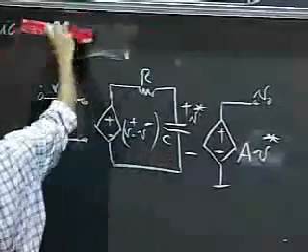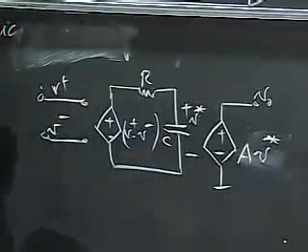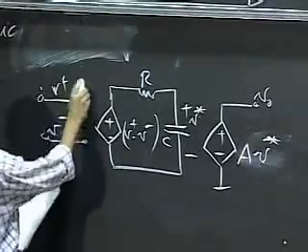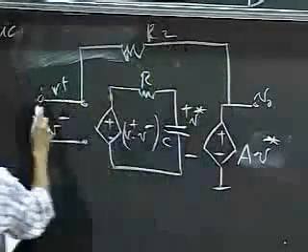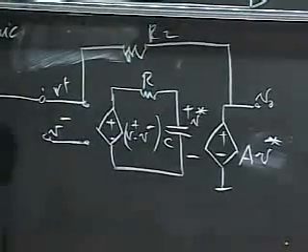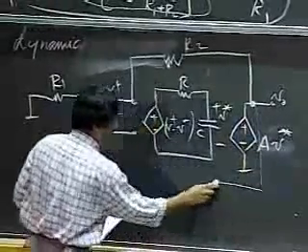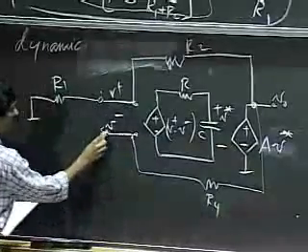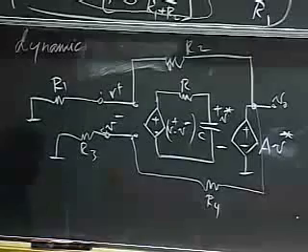So to save myself some effort, let me just go ahead and modify this circuit directly. So I get an R2 here, an R1 here, and then up here, I get a R4, R3 here.